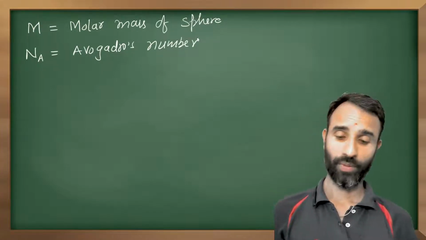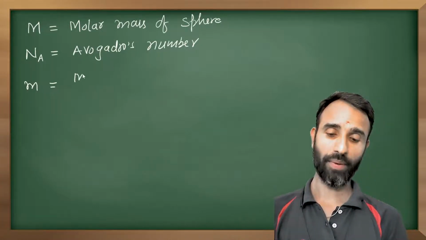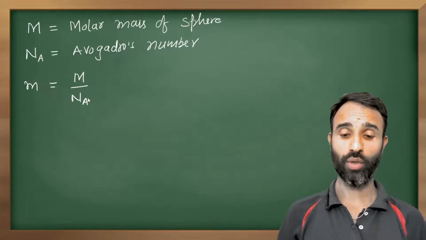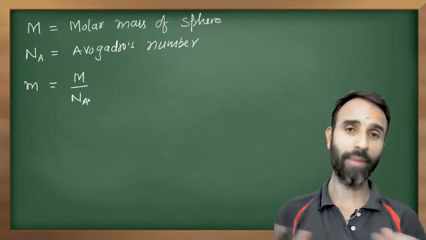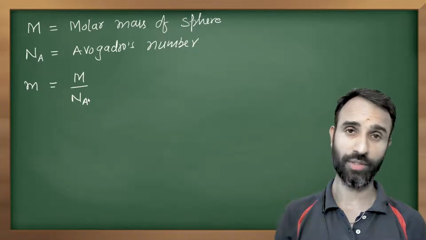So to calculate mass of a sphere, capital M is divided by Avogadro's number, because molar mass, as the name suggests, is the mass of 1 mole of the spheres.